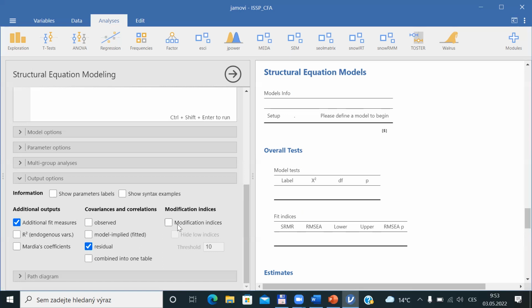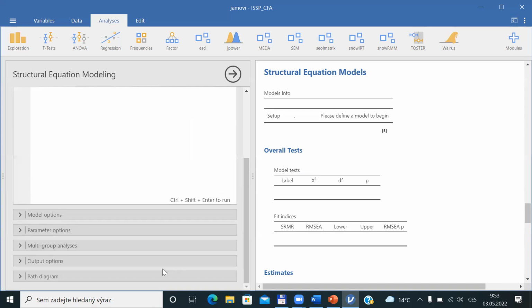And we can also ask for modification indices, as we know, at least from the well-being example, that sometimes these modification indices can help advise what should be a possible improvement in your model. So these residuals and modification indices are especially useful, and they can help you to find the problems of your model. So that's output options.